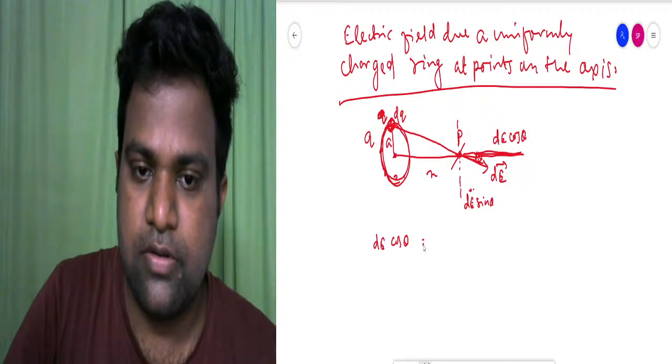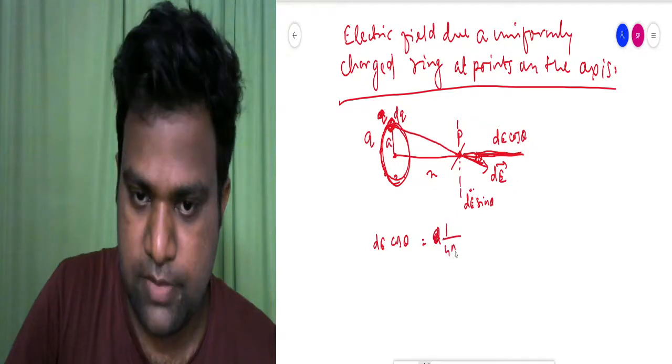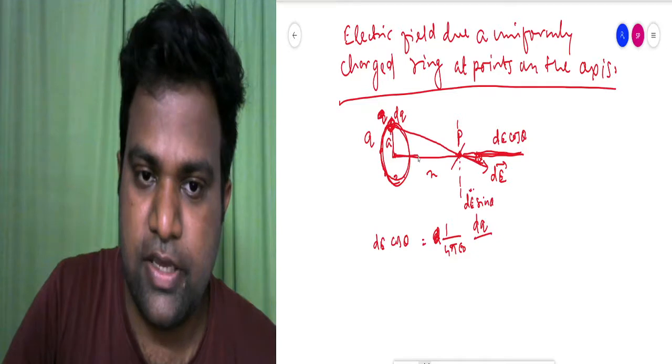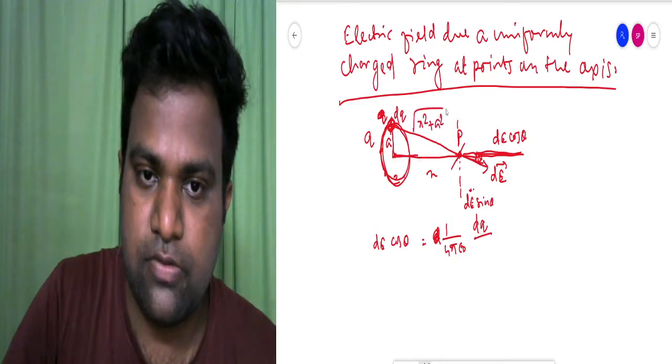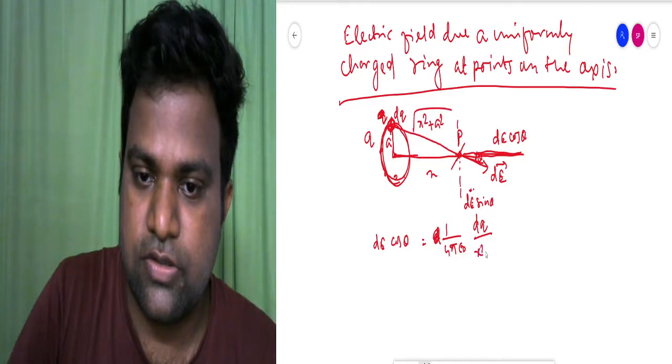So dE, the electric field, is 1 upon 4 pi epsilon naught from the formula, charge is dq, by the distance. It's a right angle triangle with sides a and x, so r squared will be x squared plus a squared.